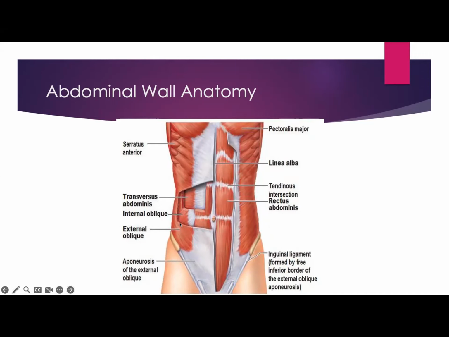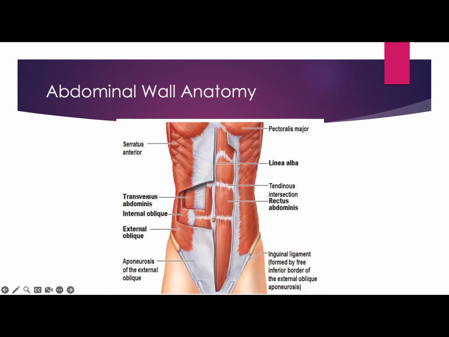We have certain aponeuroses and sheaths that are important in regards to the anatomy of the hernias. As we can see over here, the inguinal ligament is a reflection of the external oblique aponeurosis. Also, we have the linea alba, which we will talk about later on, which is the continuation of the rectus abdominis.